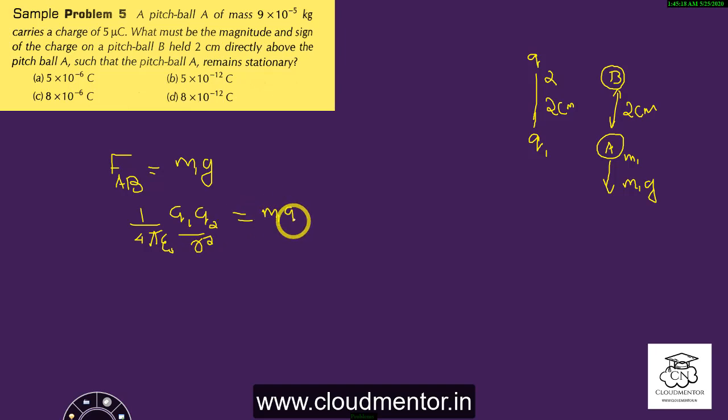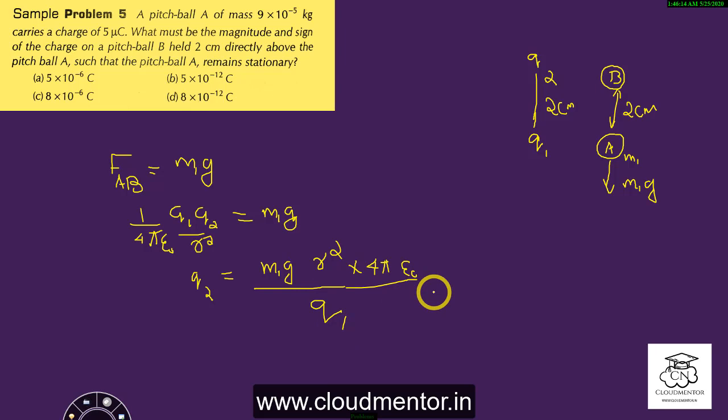We need to find q2, the charge of B. q2 can be simply found by q2 equal to m1g r square multiplied by 4 pi epsilon 0, divided by q1. The values are given here.